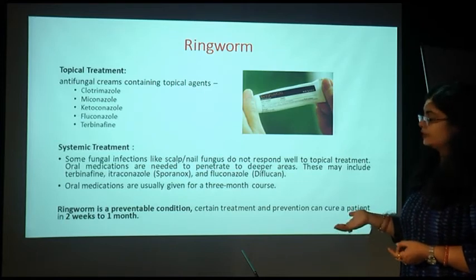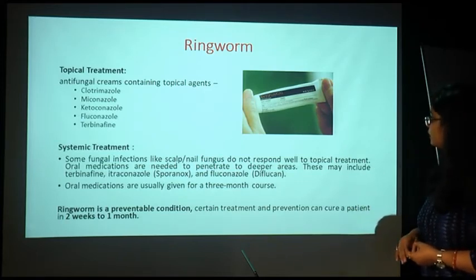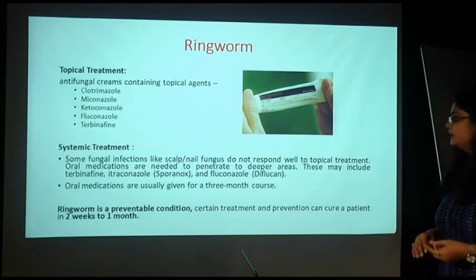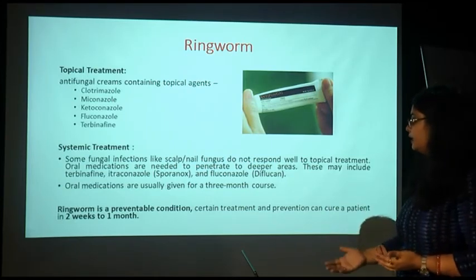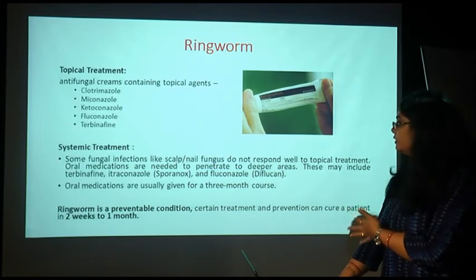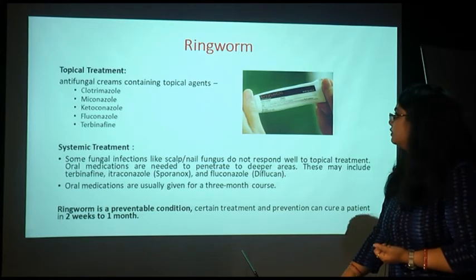For such infections, oral medications are advised. Now ringworm is actually a preventable condition, and a patient can recover from the infection in 2 weeks to 1 month. Oral medications are usually given as a 3 months course.